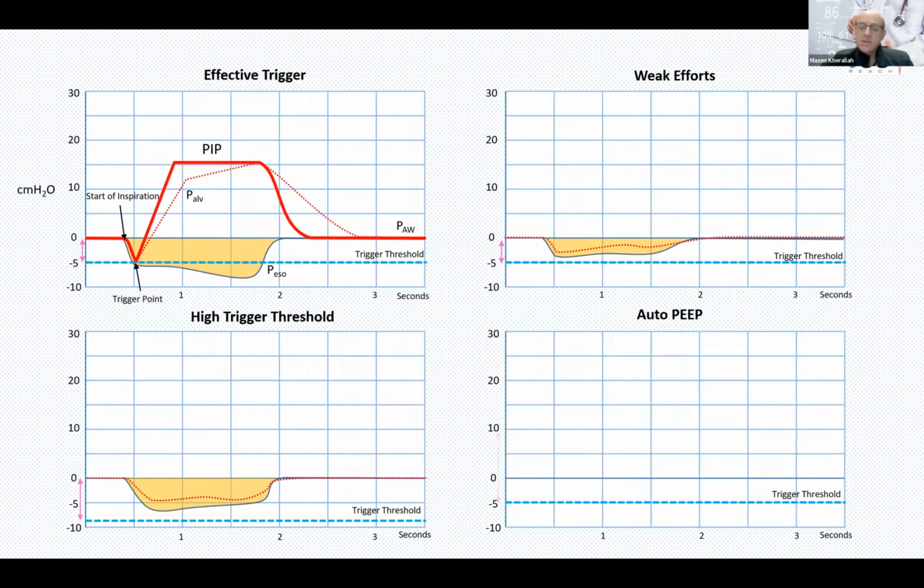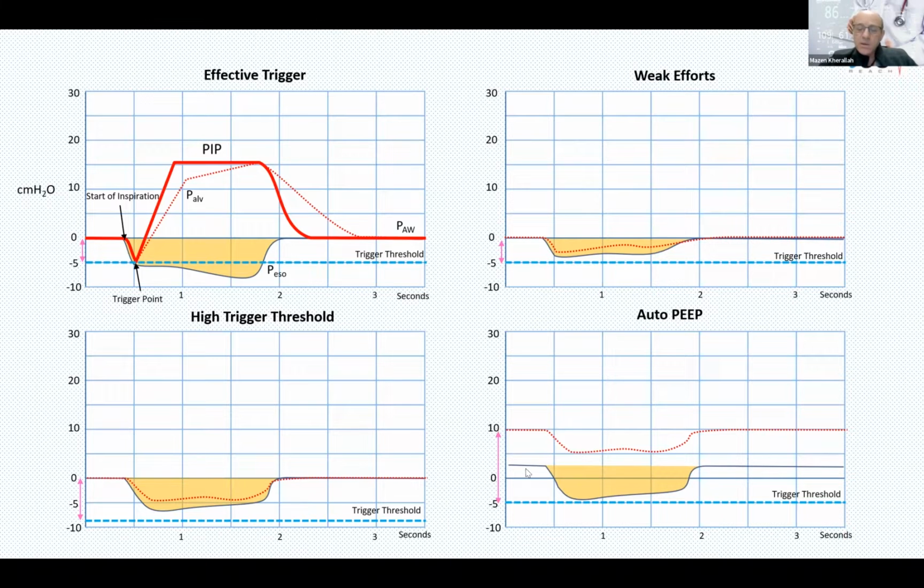Now the last case is when you have auto-PEEP. So let's say that you have alveolar pressure at 10 centimeters of water, meaning that we have auto-PEEP. This is expiration here, and you can see the alveolar pressure is at 10 centimeters of water. That is auto-PEEP. Now we did not change the trigger level here. It's still at -5 centimeters of water.